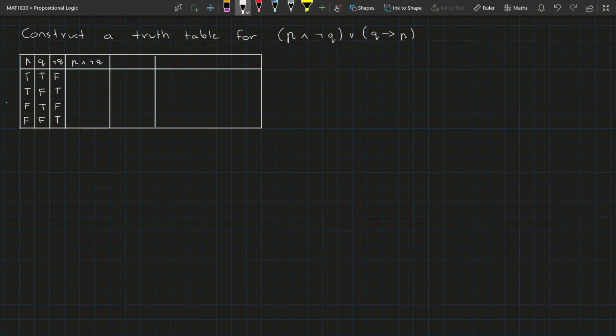So here we're only looking for P and not Q, so these columns here. And we've got to AND them together.